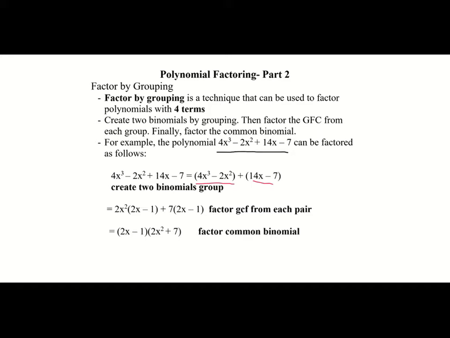I factored out 2x squared from the first binomial, which left me with 2x squared times 2x minus 1. From the second binomial, I factored out a 7, so again it left me with 2x minus 7. Just like we did in the last video, now I have another common factor of 2x minus 1. If I pull that out and put my remainders over here, that's how I finish factoring by grouping.